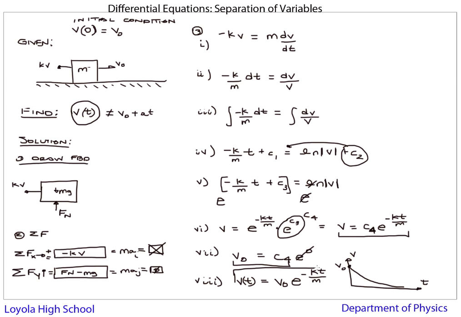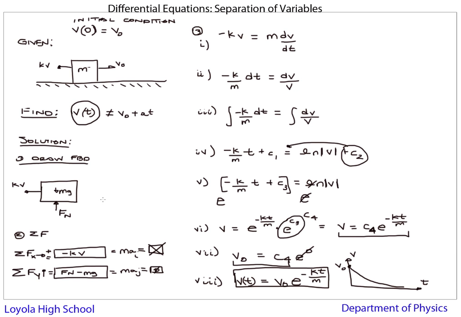And then once we have this, usually other parts of the question say, what's the acceleration? In which case we would say it's the derivative of the velocity. So we could simply take a derivative of this to get the acceleration as a function of time. Or we might be asked for the position as a function of time, in which case we'd integrate that to get the position versus time.